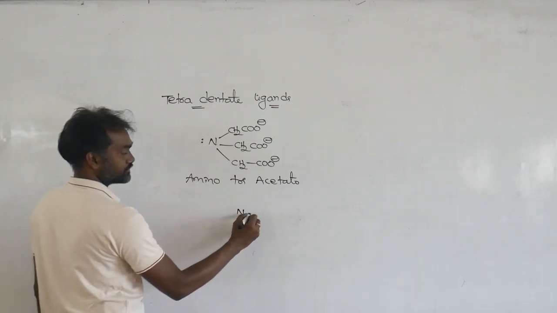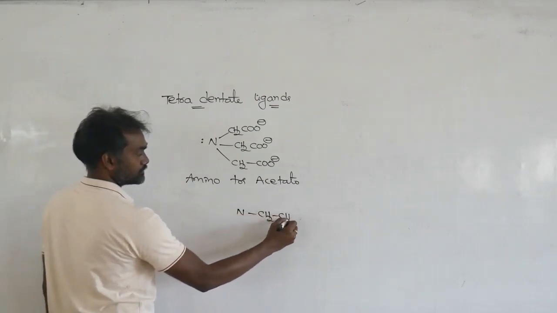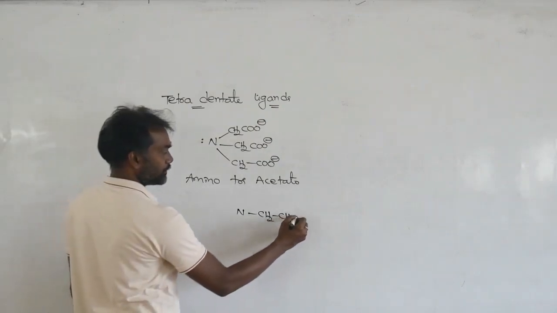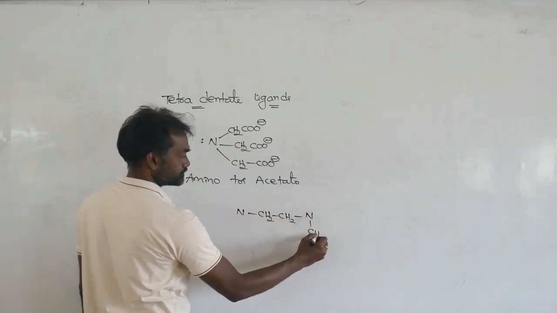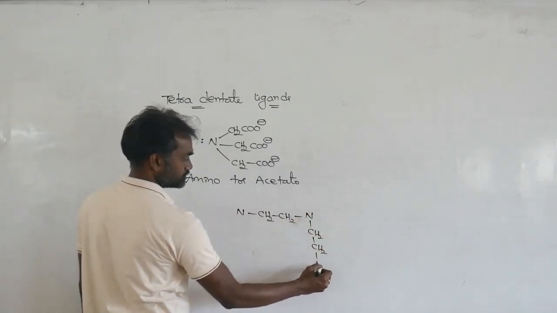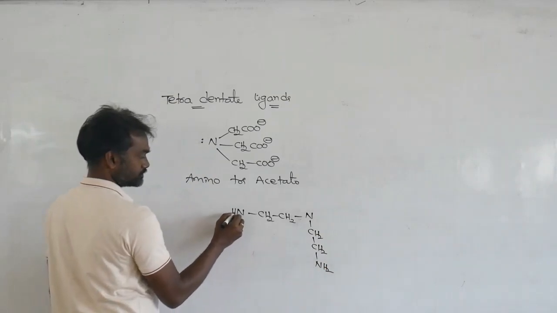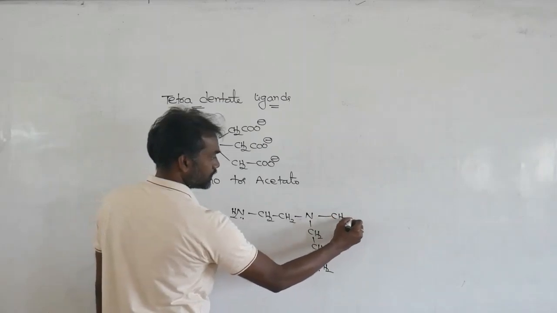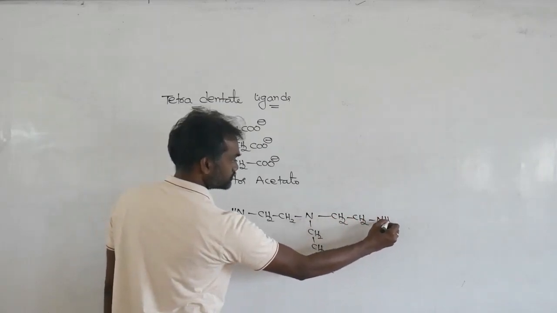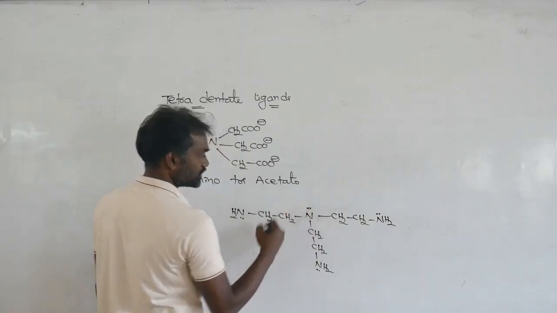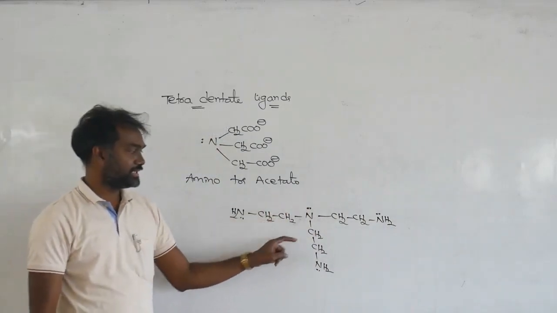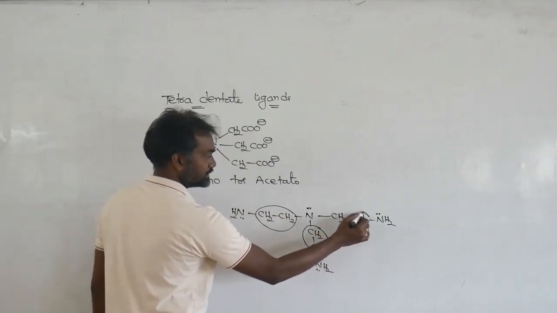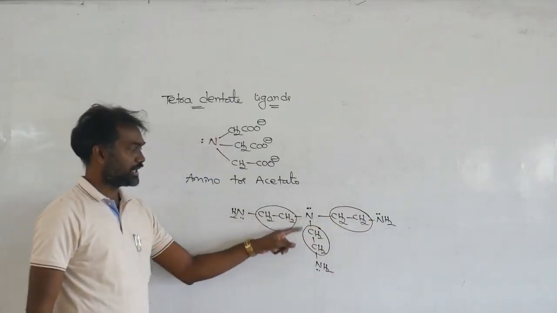Next, triethylenetetraamine. So this is a neutral ligand. Triethylene, this is the ethylene part, so 3 ethylenes, and tetraamine.